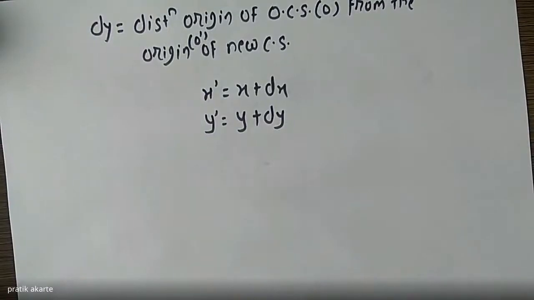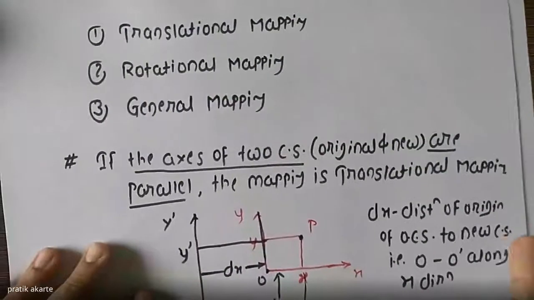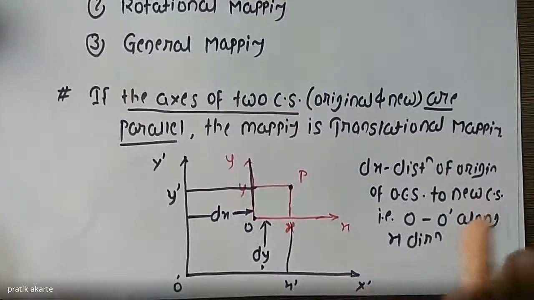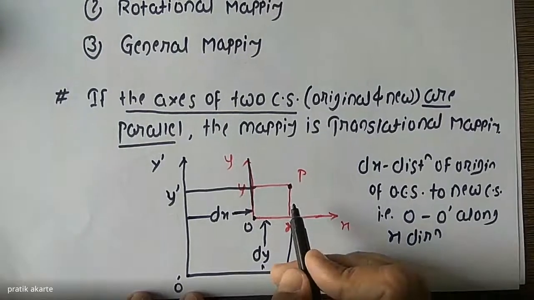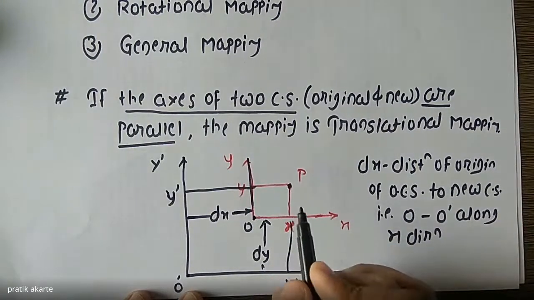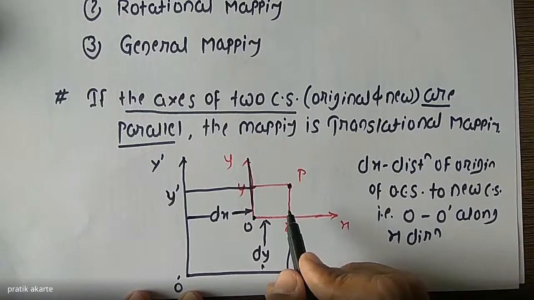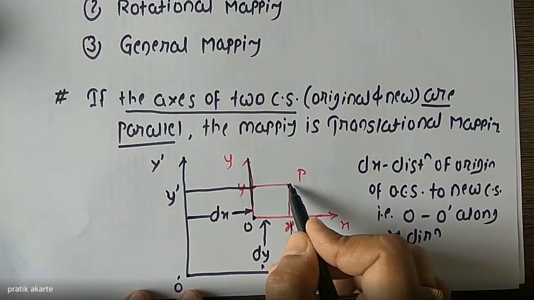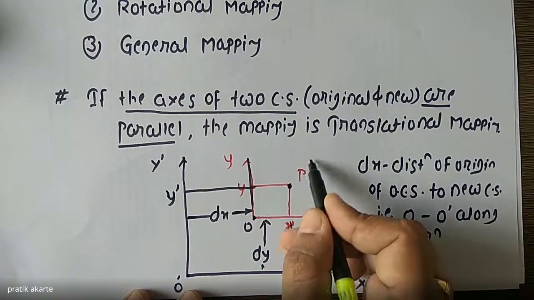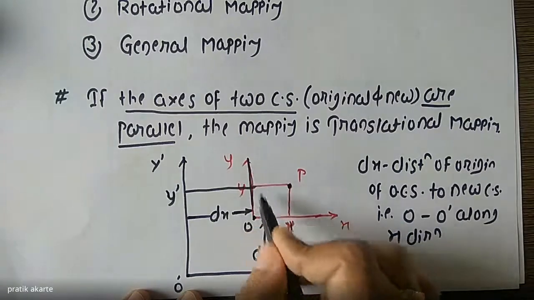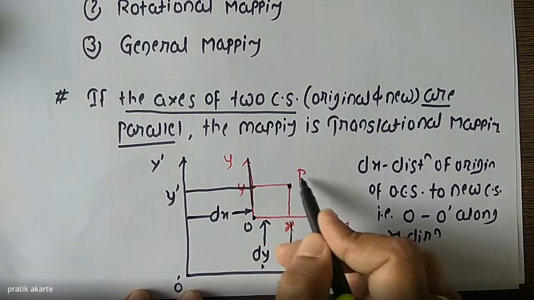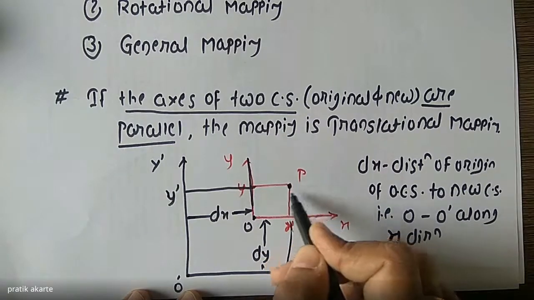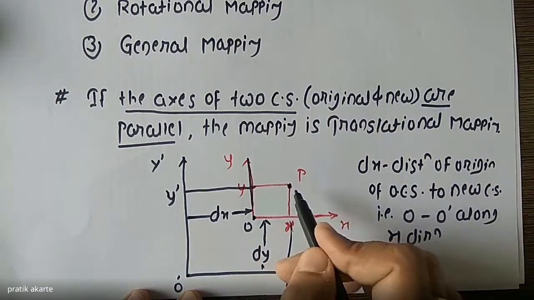Okay, it is similar to your translation, but let me tell you the difference. In translation, if this is a point P, in geometric transformation, you are changing the position of the point P with respect to this coordinate system, which is shown in the red color. You are going to change the coordinate data of this point with respect to this coordinate system only.